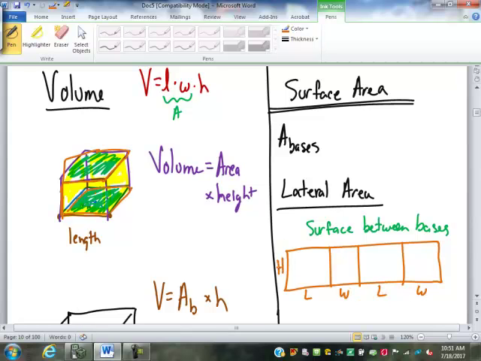This here is just that height of the box. Well, length and width, that's just the perimeter of the base. So lateral area is actually perimeter of the base times that same height we used for the volume.